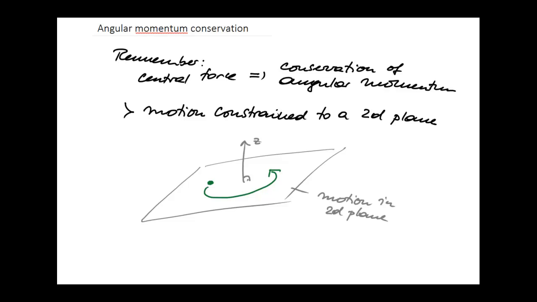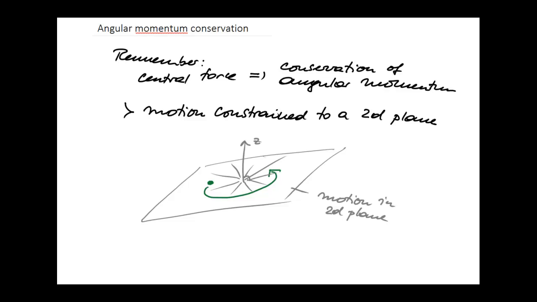One thing we can do is introduce cylindrical coordinates, and the way we do that is that we choose the z-axis of the cylindrical coordinates to be orthogonal to this two-dimensional plane in which the body moves.